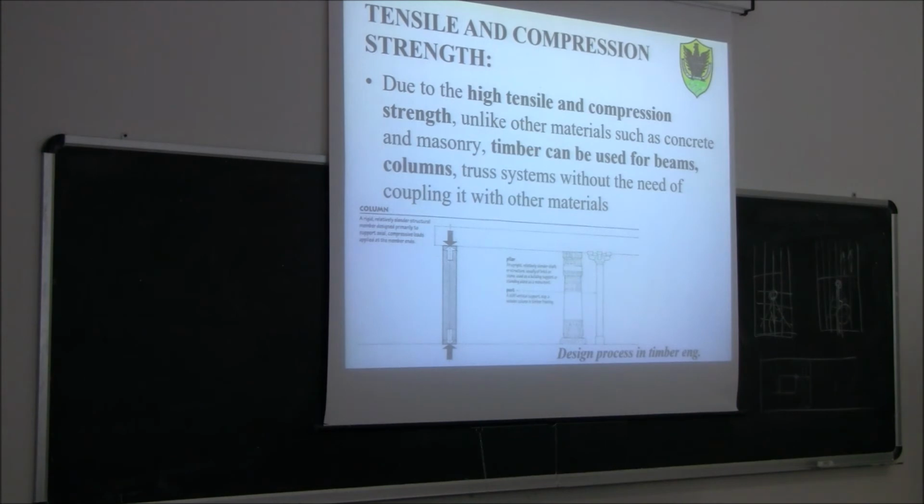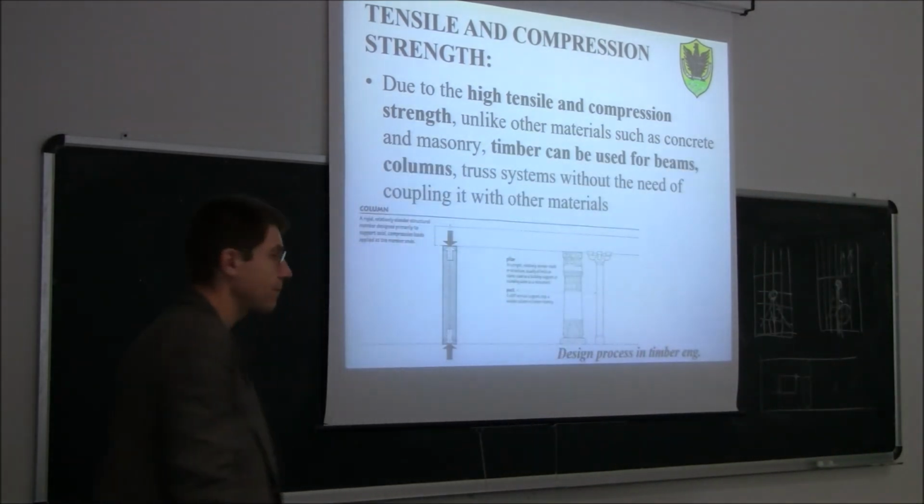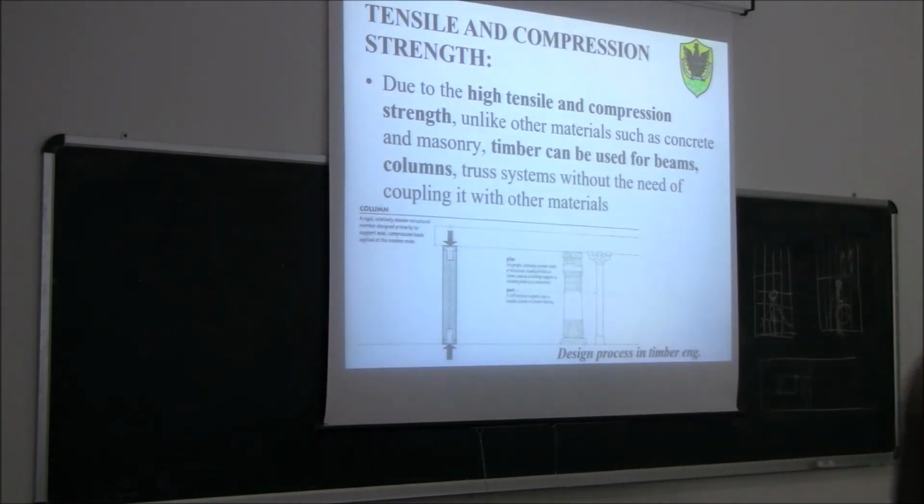Okay, now it comes more to the mechanical properties, the ones that we are mostly interested in this course. Tensile and compression strength. We saw that wood has good tensile and compression strength parallel to the grain. The best property for solid wood, if you remember, is compression parallel to the grain. It's better than tension, but both of them are comparable.